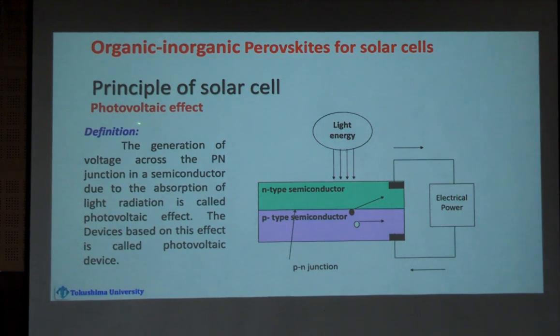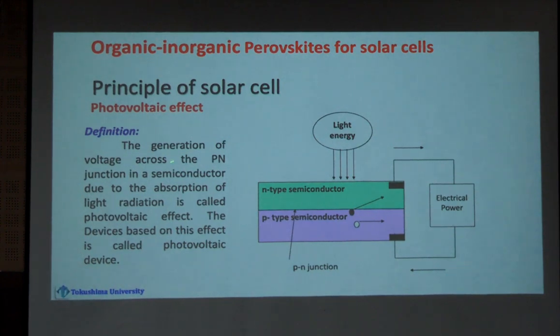Solar cell works on the photovoltaic effect. What is the photovoltaic effect? You have seen solar cells. You just know that solar energy comes to the solar panel and it creates electricity. Done, finished. But how? That working principle you must know.